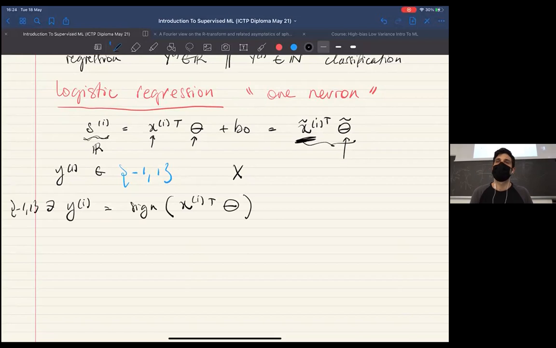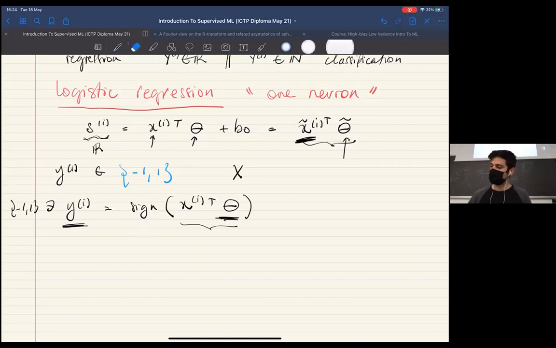Why is it nonlinear? Because you see now that the relationship between the label, the output, and the vector of parameters here is nonlinear. Because here you have a linear operation inside. It's just a standard inner product. But then you apply a nonlinear function, a highly nonlinear function. The sign is a nonlinear function, right?